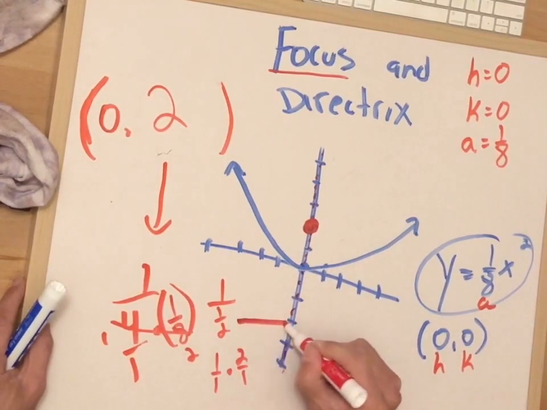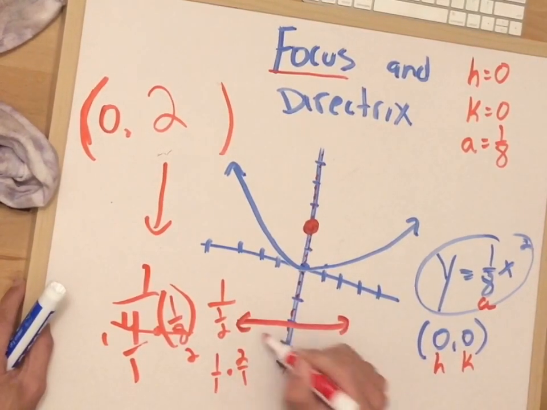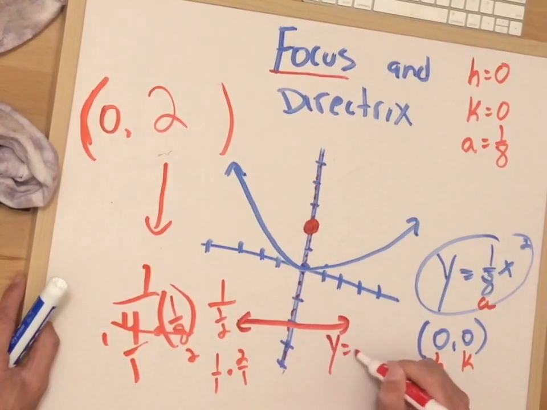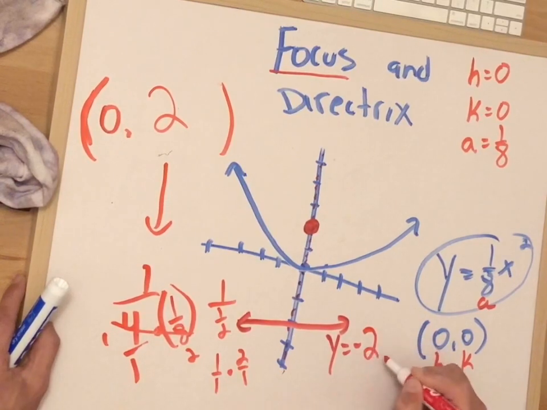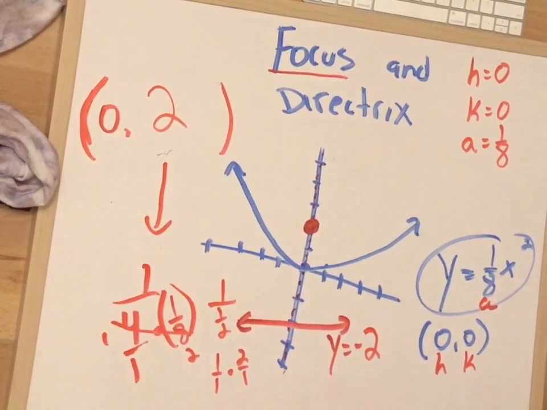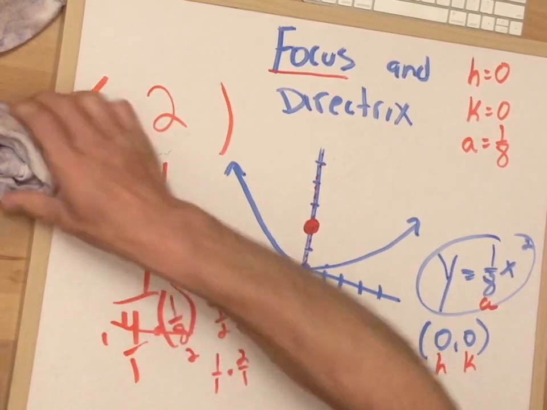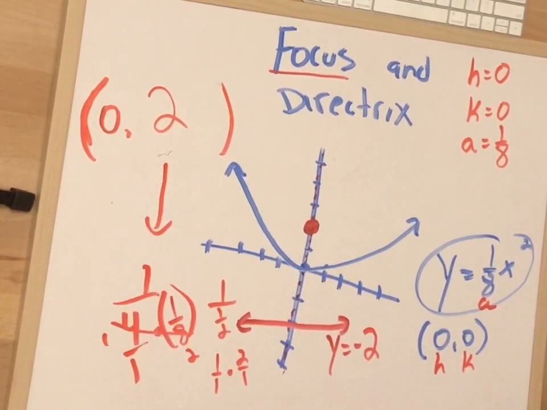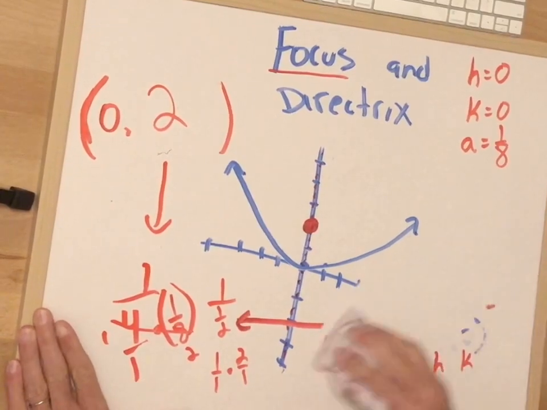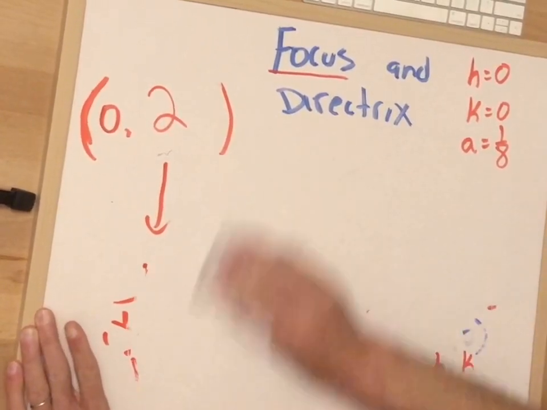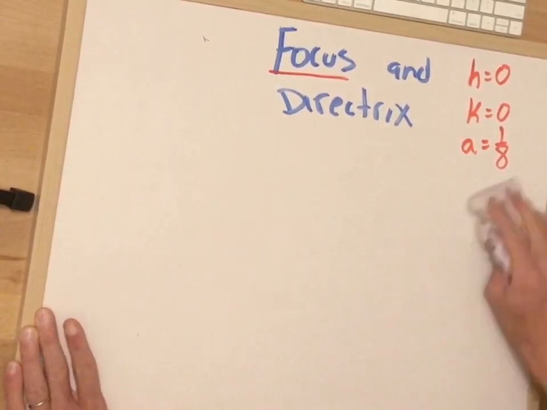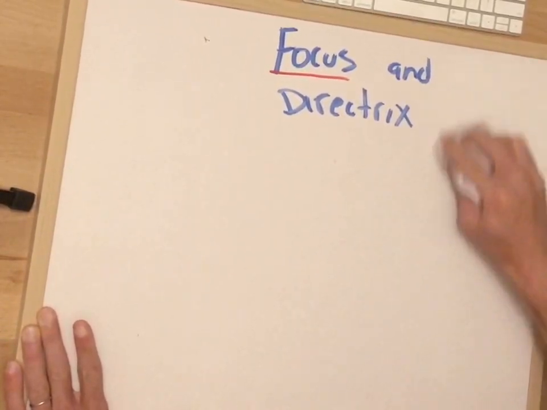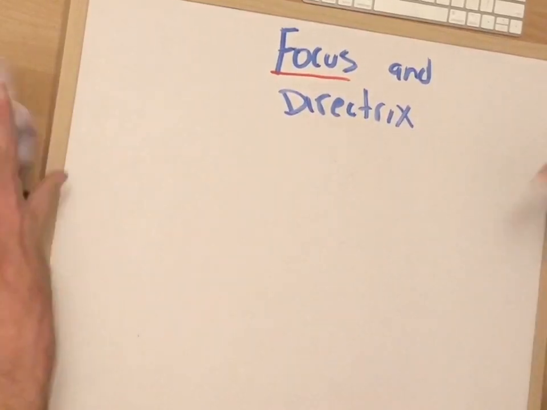And there's your directrix, which is y equals -2. Okay. Now that's exactly what we're going to be doing. That's it. That's how you find your focus and directrix. So the main thing that you have to do is find your focus, because once you find your focus, your directrix is the exact opposite way down.